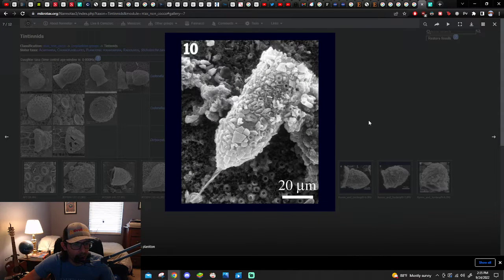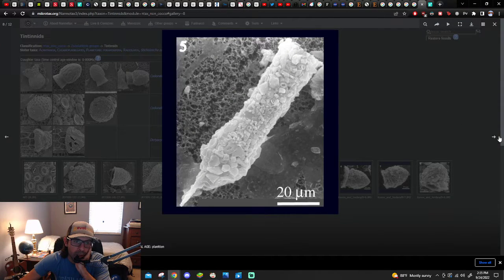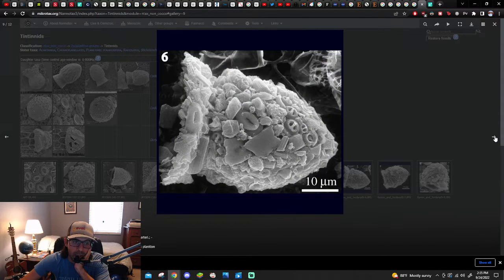Oh my god. Covered in polygons. I don't know, dudes. I wouldn't go so far as to say these are absolutely, unequivocally not some formation process that we're seeing. This makes me think of Bennu.